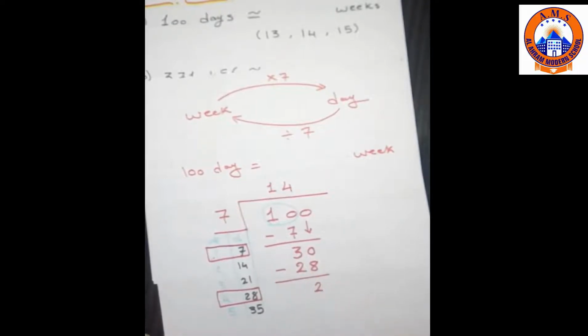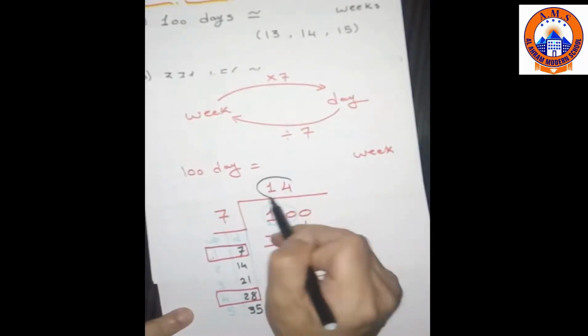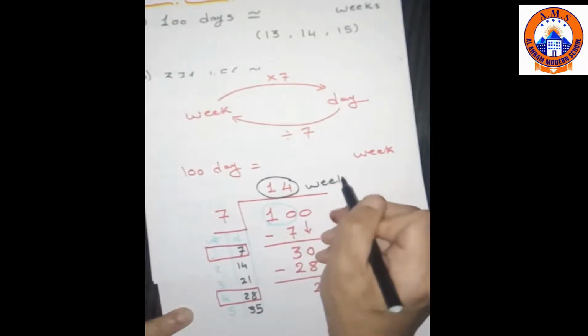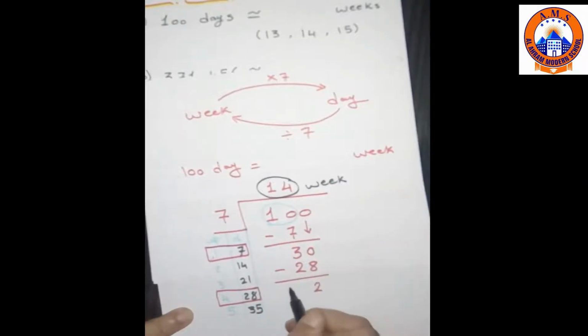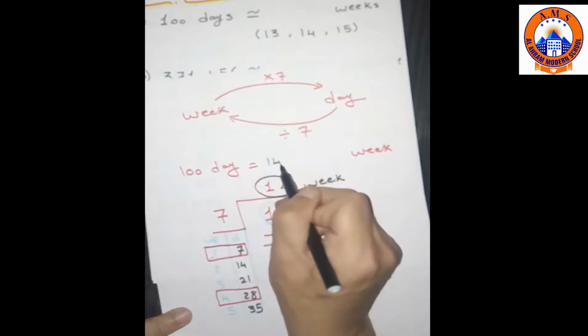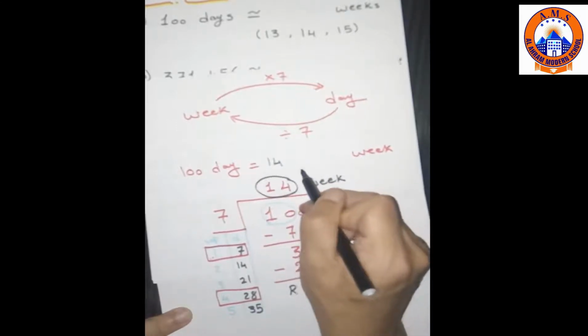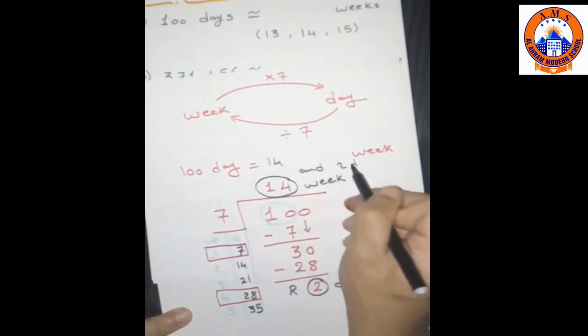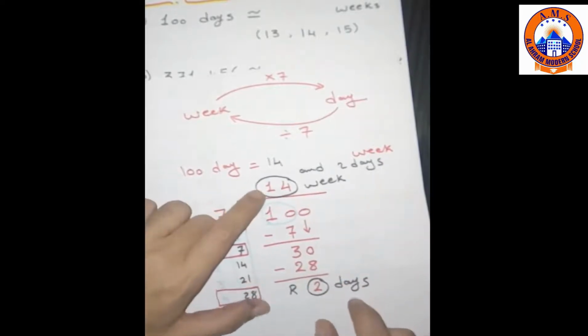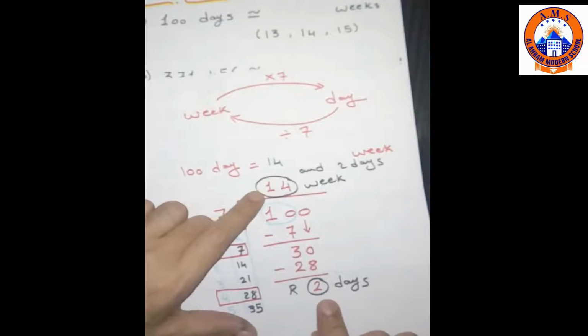So the result is we have 14 after division, so this is 14 weeks, and the remainder is 2 days. So 100 days equal 14 weeks and 2 days.